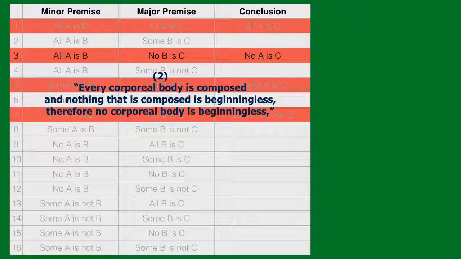So we can take the same argument and say that every corporeal body is composed. Nothing that is composed is beginningless. All A is B, no B is C, therefore no corporeal body is beginningless. No A is C.